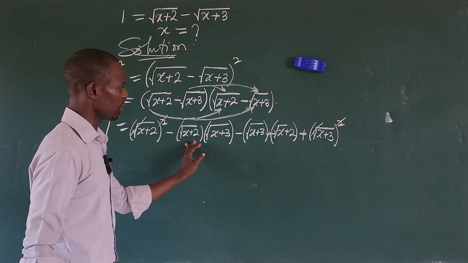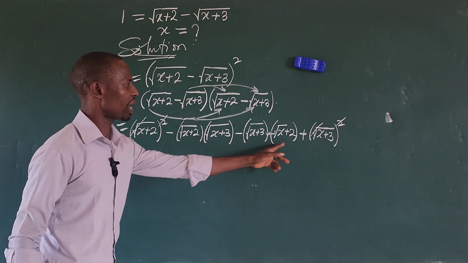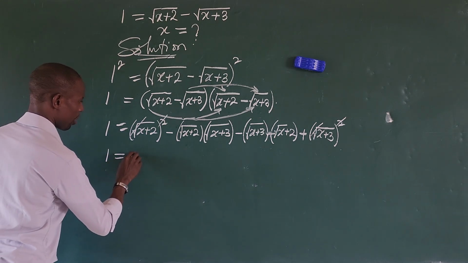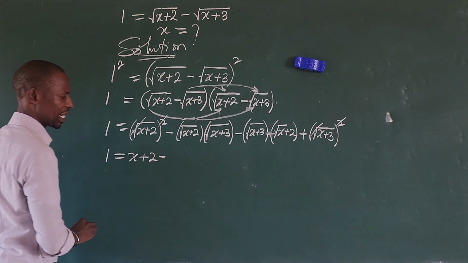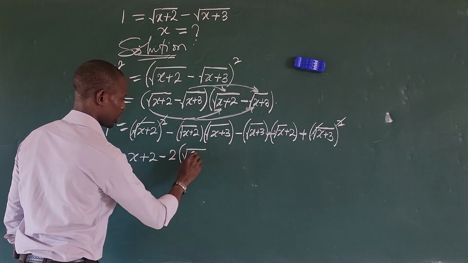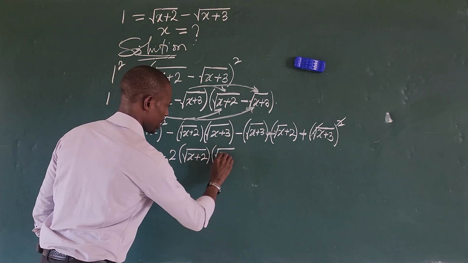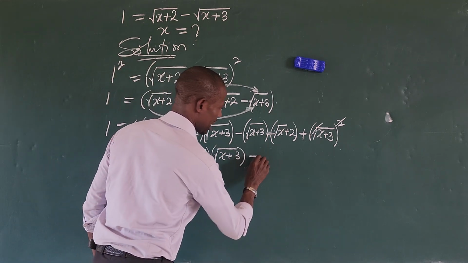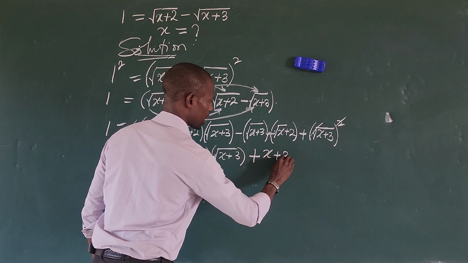Okay, so we have these two here. We can add these two together because what we have here and what we have here are the same. So this is going to give us 1 is equal to x plus 2, then minus 2 times the square root of x plus 2, close bracket, the square root of x plus 3, close bracket, then plus x plus 3.